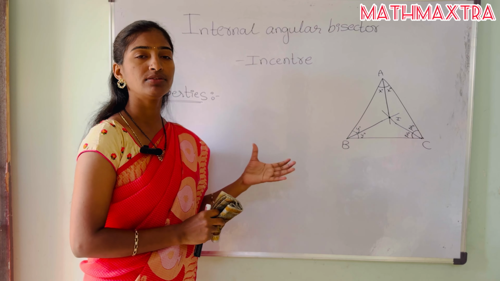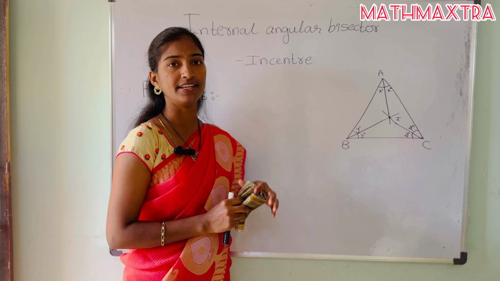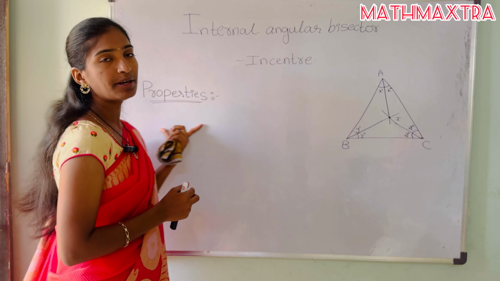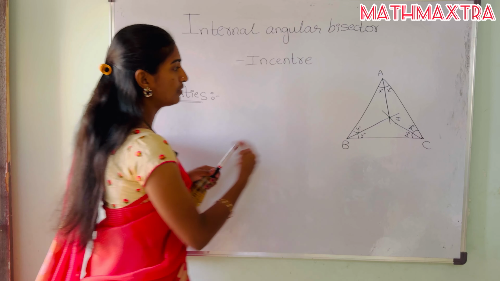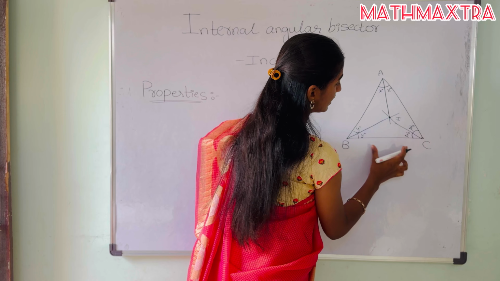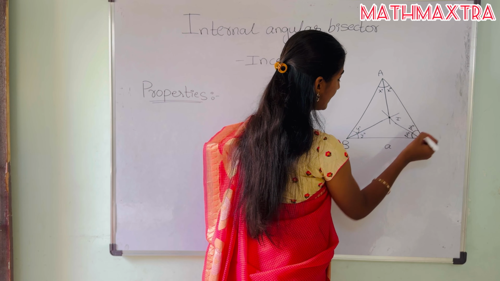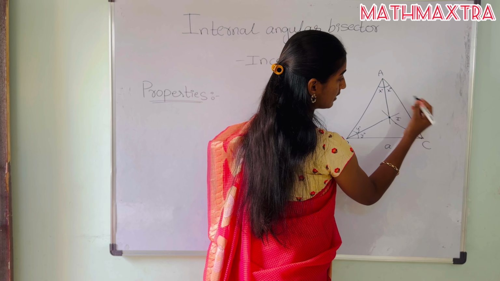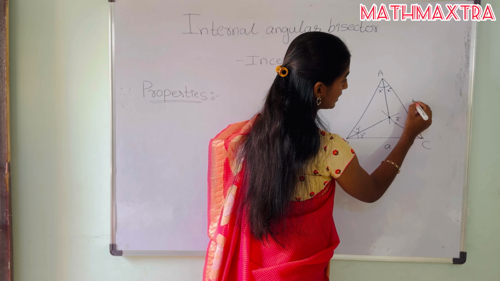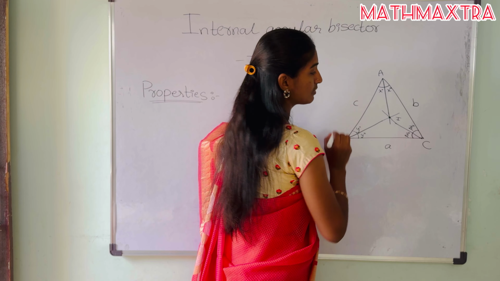Whatever the type of triangle it may be, the incenter is always interior. The second property: if you take this triangle, let us consider the side opposite to angle capital A as small a, the side opposite to vertex capital B as small b, and the side opposite to capital C as small c.